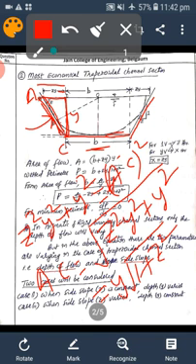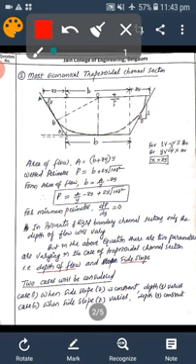So this side slant length is Y root of 1 plus Z square, and this side is also Y root of 1 plus Z square. You will be getting 2 times Y root of 1 plus Z square plus B. The same I have given here. I hope you understood. This is B plus 2Y root of 1 plus Z square.